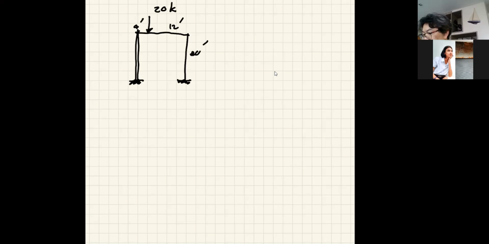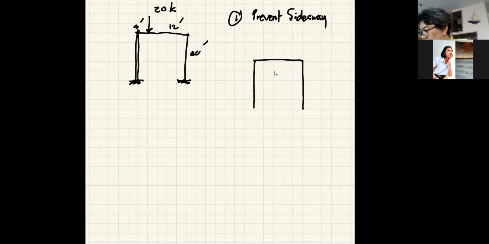So the first step is to prevent side sway, so that you can calculate the moment due to the load alone. I can prevent side sway by doing this, by adding the support here. Okay, and I can carry on and perform the moment distribution as usual until I get the final numbers.